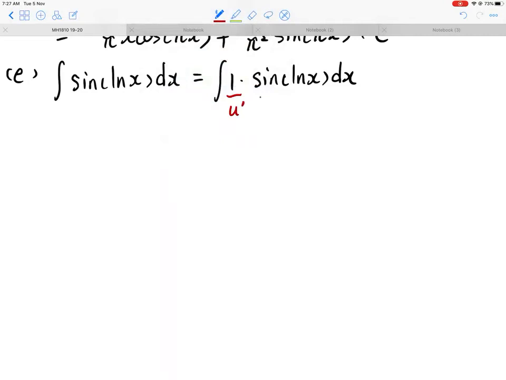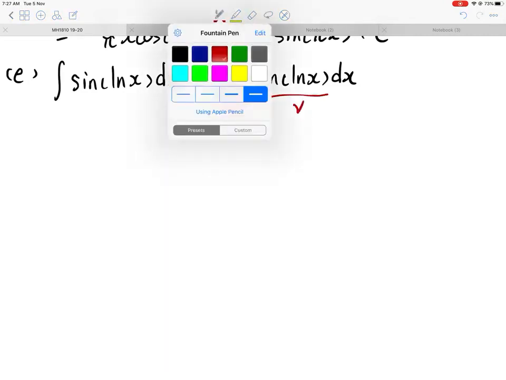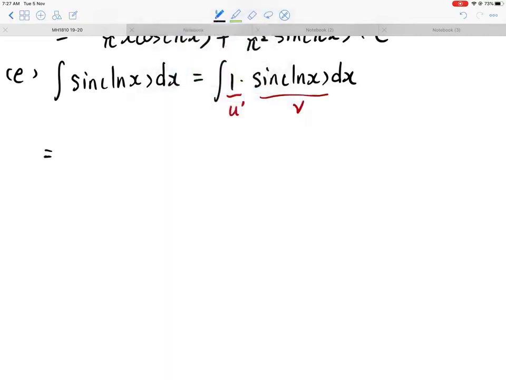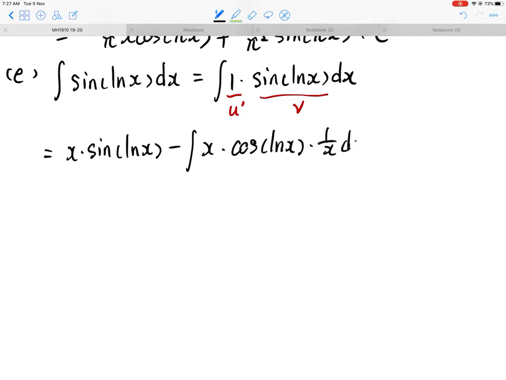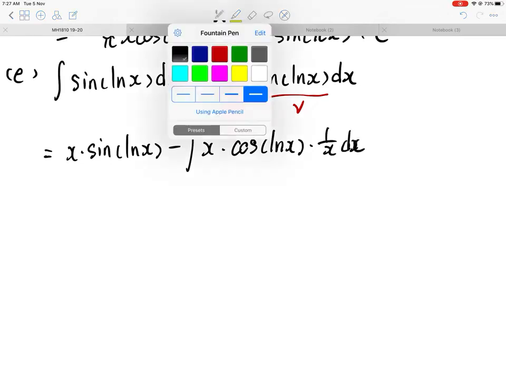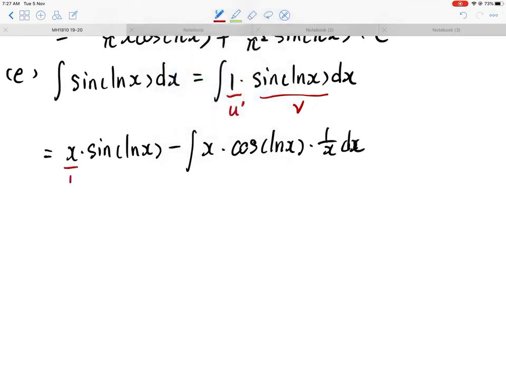This is your v, which should be x times sine ln x, right? Minus the integration of u times this part's derivative, which is cosine ln x times 1 over x.